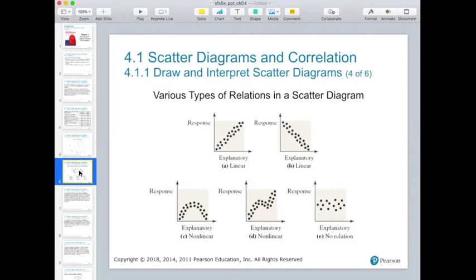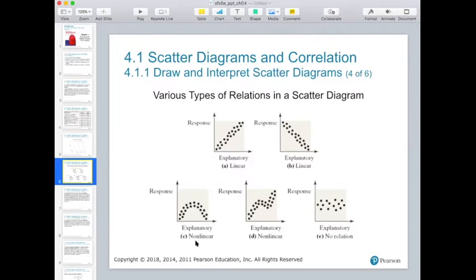So A and B are both linear patterns. Those 2 on top are straight lines. And we're going to talk about the directions of these lines, but notice on A, it's increasing. So if I drew a line through that graph, that slope would be going up. So that's a positive relationship. On B, if I were to draw a line through there, that's a negative relationship.